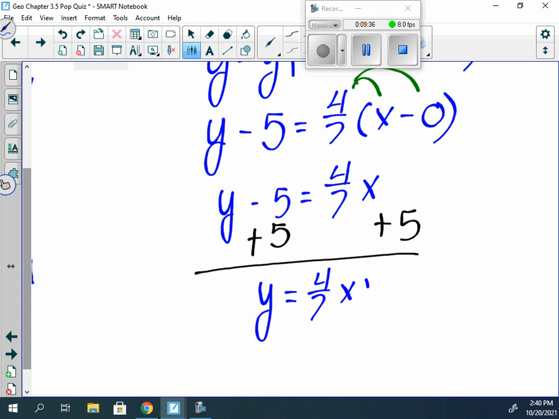So y equals four sevenths x plus 5. Since the 4/7 has an x, they're not like terms.